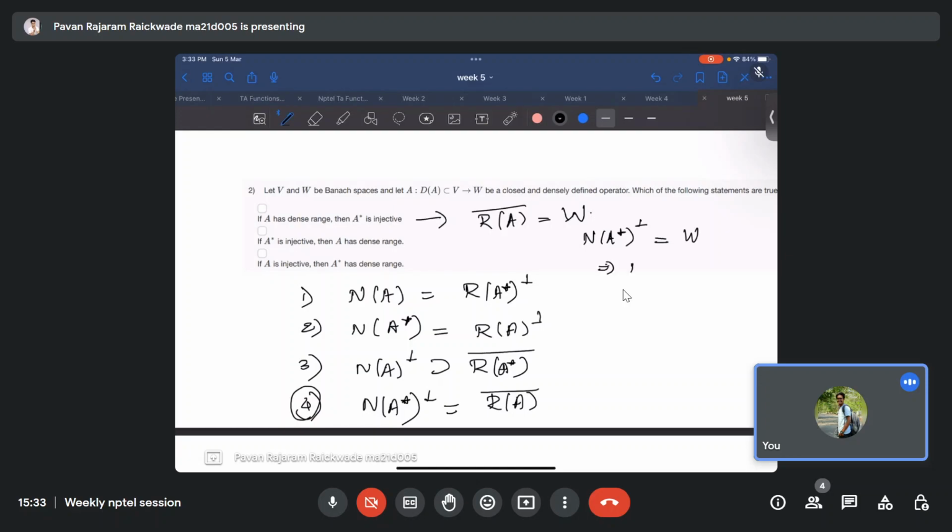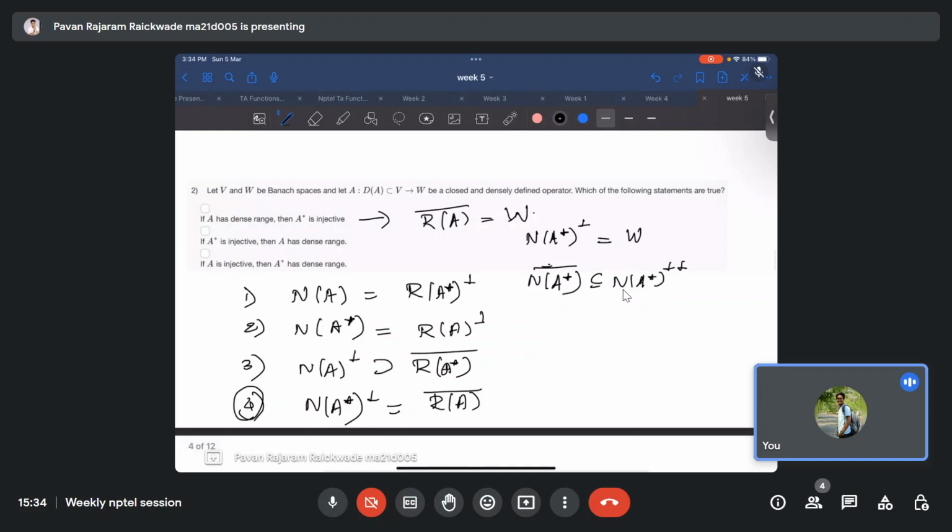That means null space of A star closure will be contained in null space of A star perp, right?